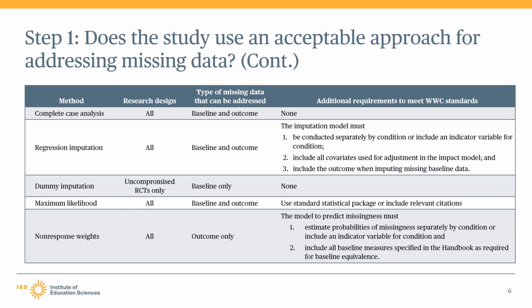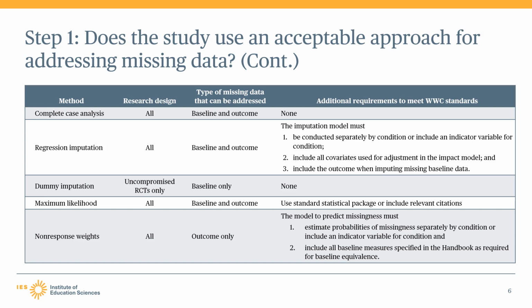It must include all covariates used for adjustment in the impact model, and it must include the outcome when imputing missing baseline data. Dummy imputation methods only are considered an acceptable approach for handling missing baseline data in uncompromised randomized controlled trials or RCTs.